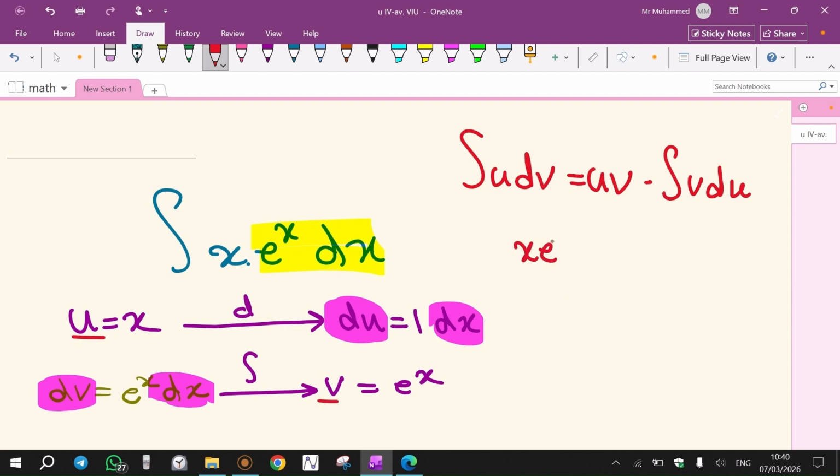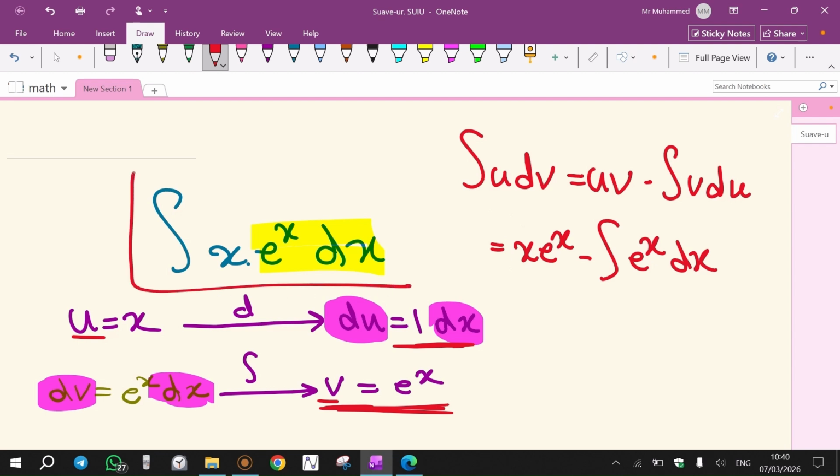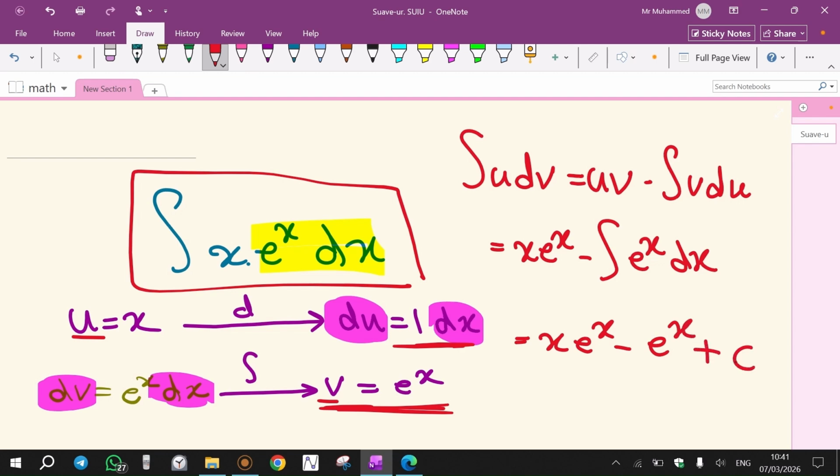That's going to be x e^x minus integral v again du, which is 1 dx, that's just dx. This integral, as I said, it's easy. So the final answer of this integration that cannot be solved using the ordinary ways we learned in section 1, now we can solve it. That's going to be x e^x minus e^x, and there's always plus c, right?